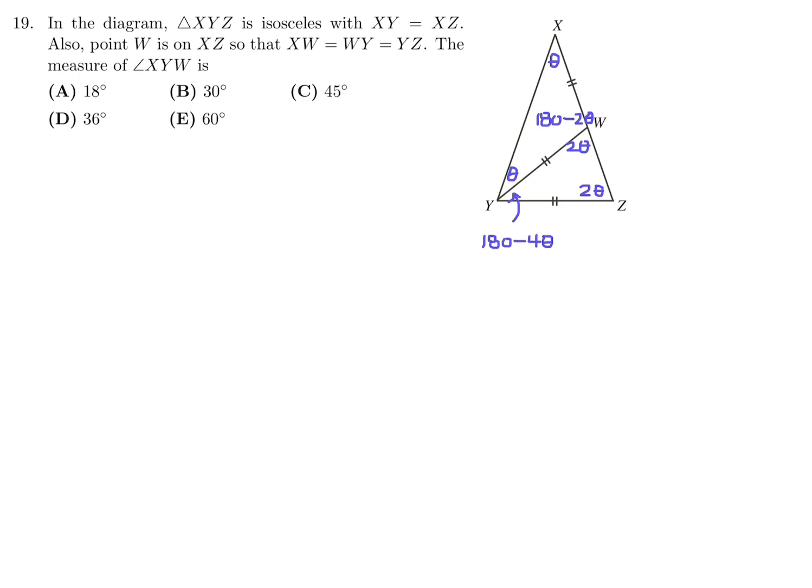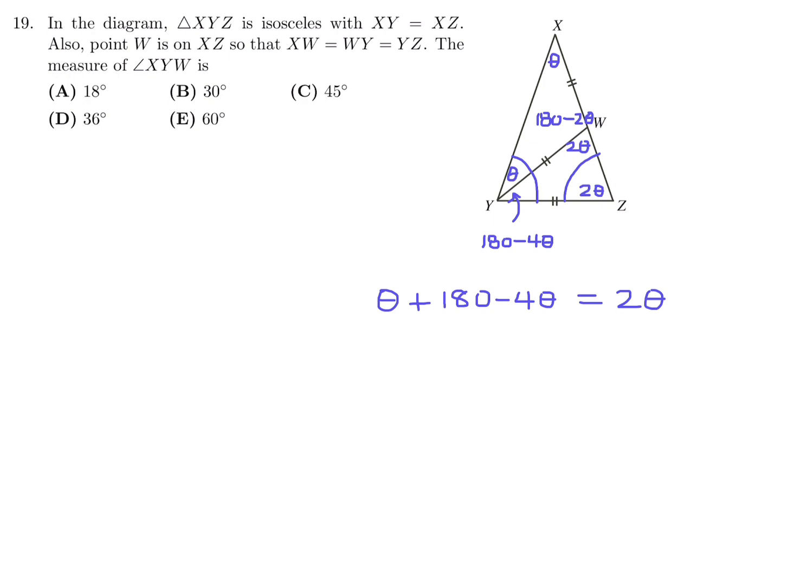All right. And finally, we take into consideration that piece of information that XY is the same as XZ. That's isosceles, so that means this full angle is the same as that full angle. That means theta plus 180 minus 4 theta is equal to 2 theta.